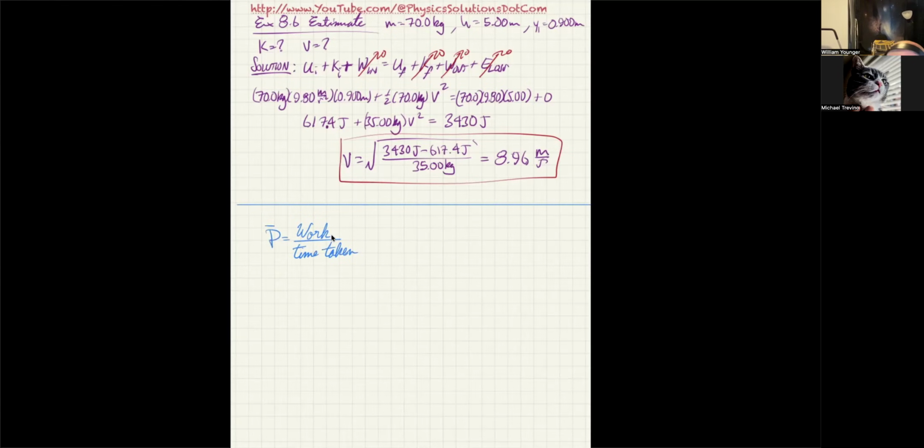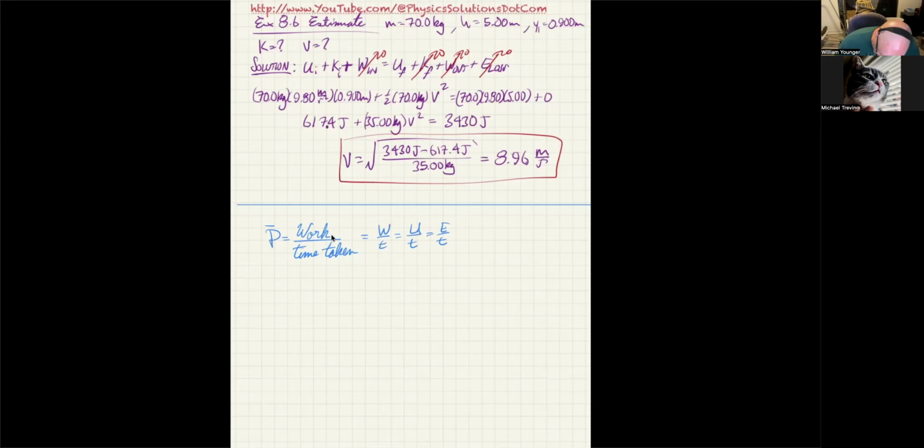We often run into cases where work is turning into potential energy or into energy, so we'll often say it's W over T, or potential energy over T, or energy divided by T. All of those are fair. That is very common for us to use for the average.